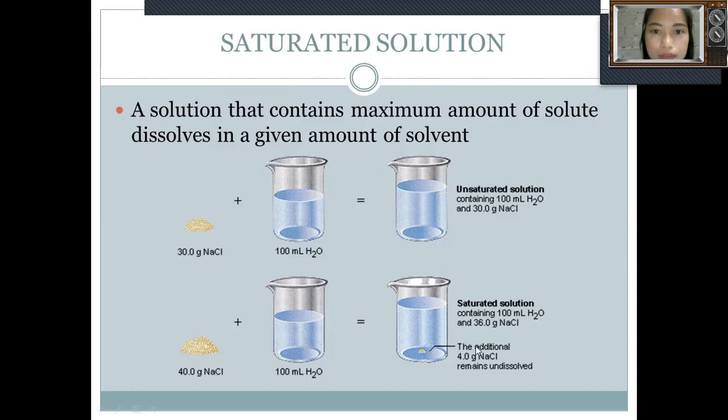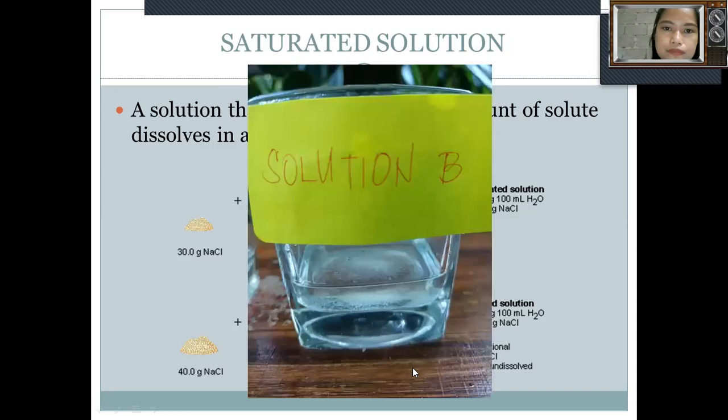Meaning the water reaches its saturation point. So this is a saturated solution, and that is solution B. We can see the sugar undissolved at the bottom of the glass, okay?